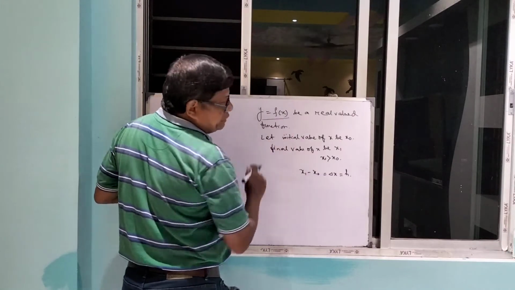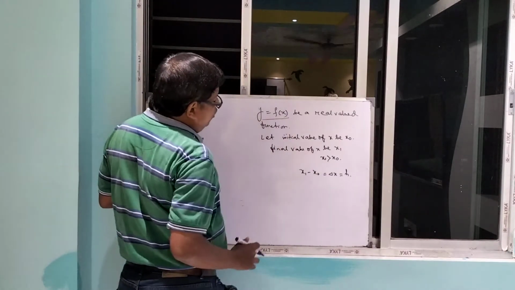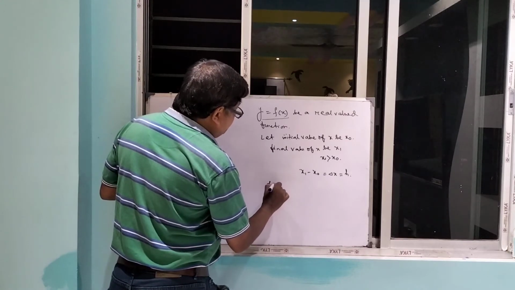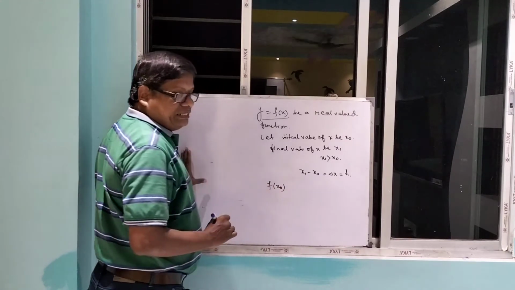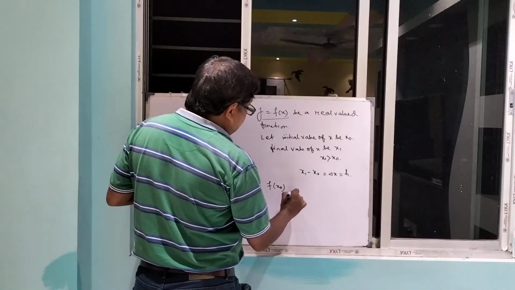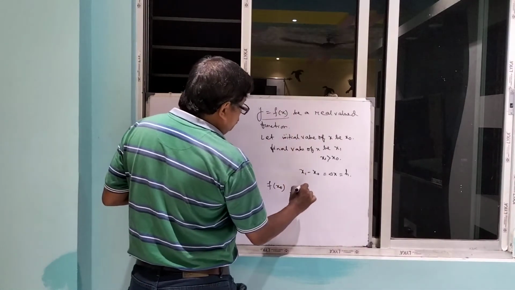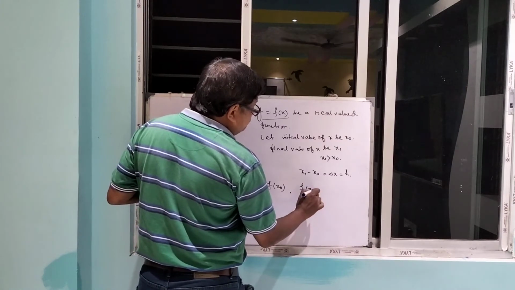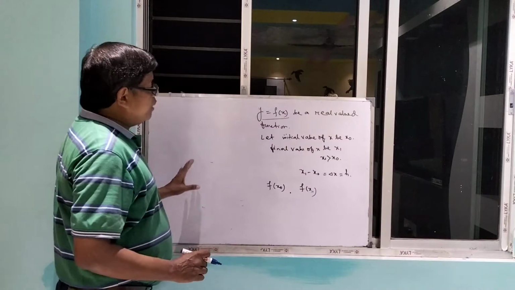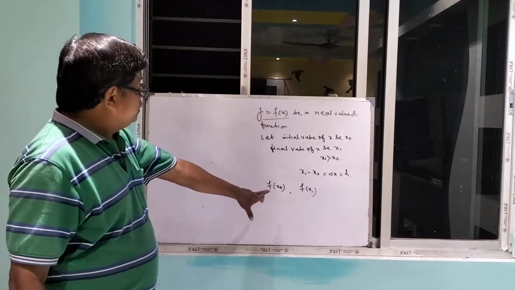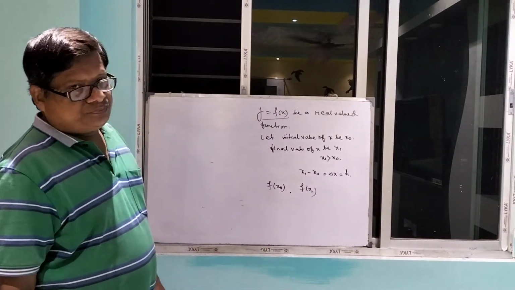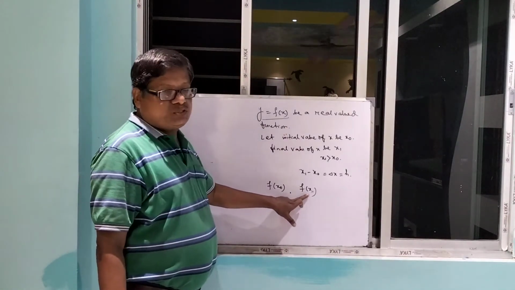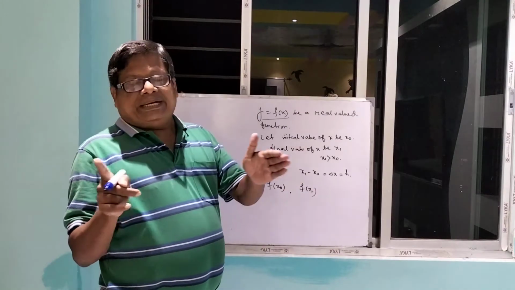So y equal to f of x is the given function. So the initial value of y is f of x0, and the final value of y equal to f of x1. So they are different also.